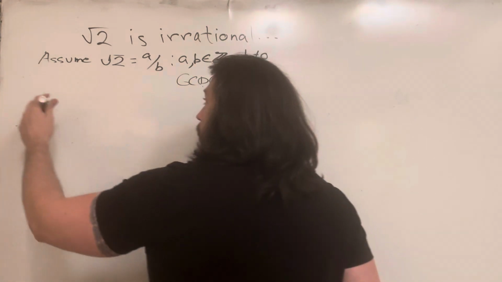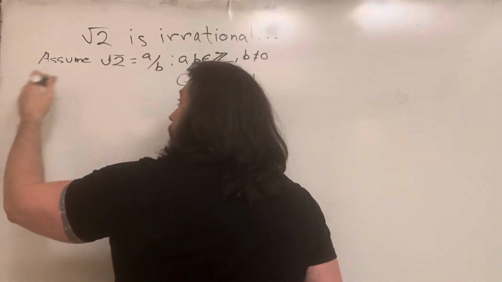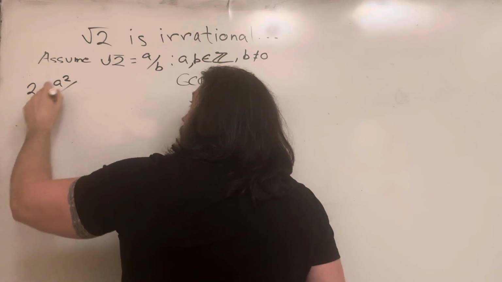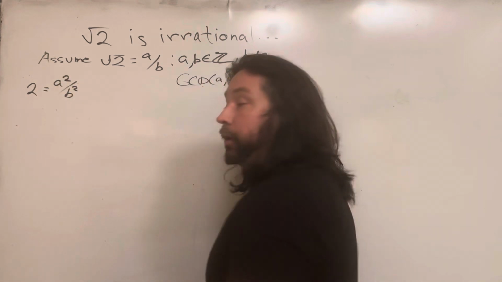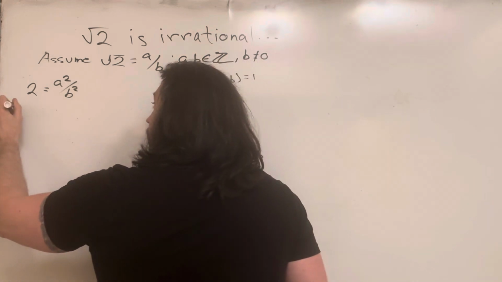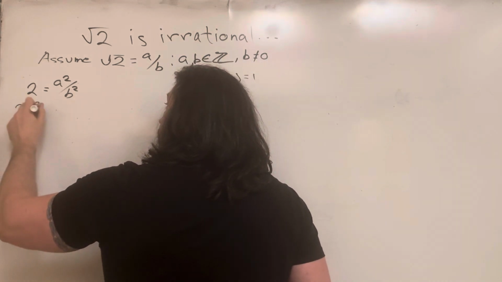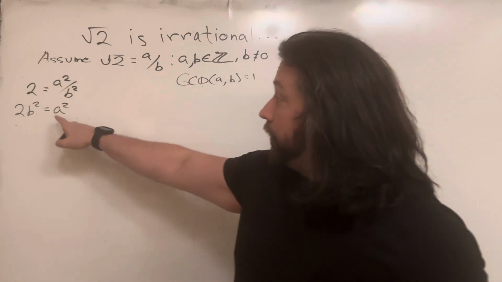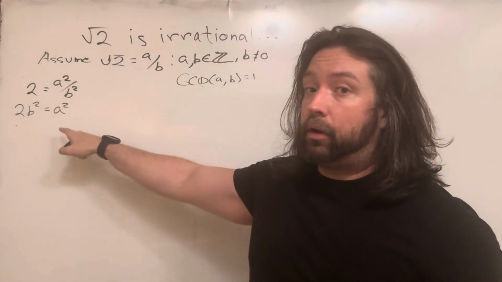Well, notice if I square both sides, I get 2 is equal to a squared over b squared in this case, right? Now I can move b squared over, and so I get twice b squared is equal to a squared. And notice that if a is an integer, right?